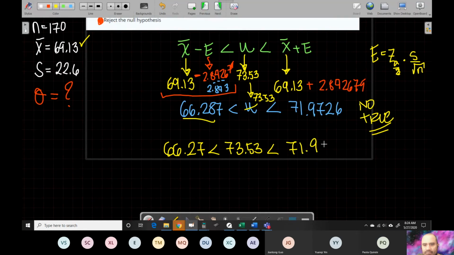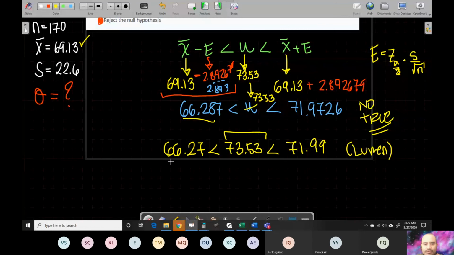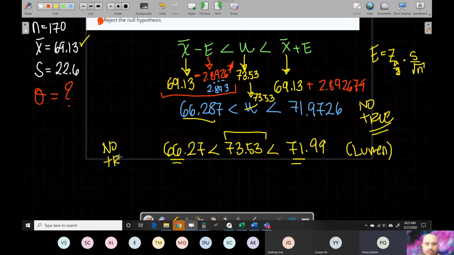Okay, let's just use that. These are the Lumen numbers, but you can use your numbers and still get the same answer. My question is, is this number 73 in this interval? Is 73 between 66 and 71? No, so it's not true. In other words, the interval that you got from the sample does not contain the mu from the problem.